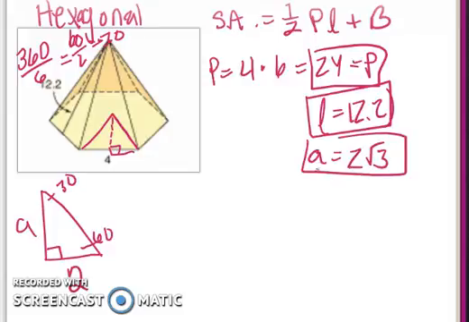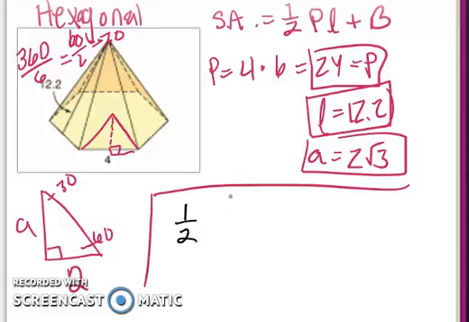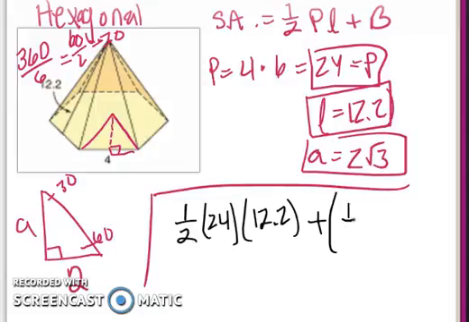Now I can actually solve for this. I have all my pieces. So let's go ahead and solve it. Switch the colors up. So we get 1/2 perimeter, which is 24, times the slant height, which is 12.2, plus the area of one base, that's going to be 1/2 times 2 rad 3 of the apothem, times the perimeter, which is 24.